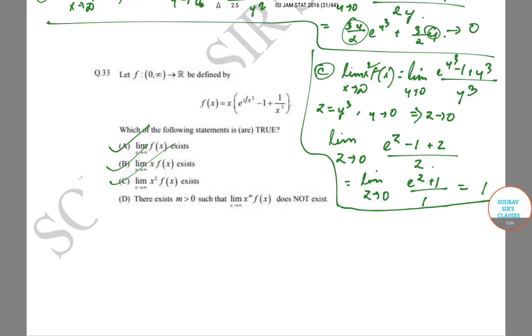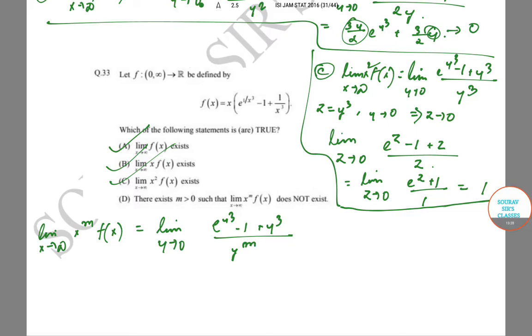D says there exists m greater than 0 such that limit x goes to infinity x to the power m f(x) does not exist. Now limit x goes to infinity x to the m f(x) is just equal to limit y goes to 0 e to the y cube minus 1 plus y cube by y to the power m.